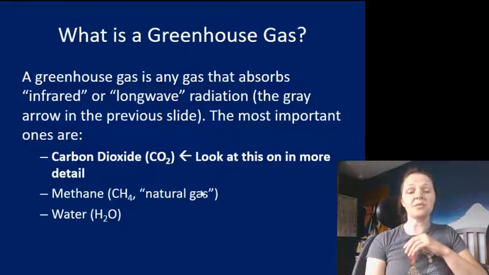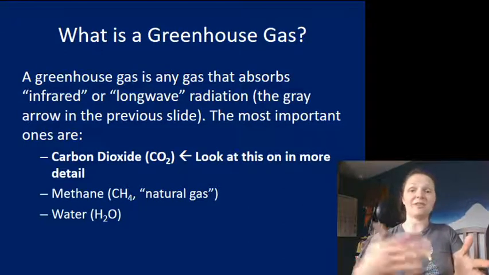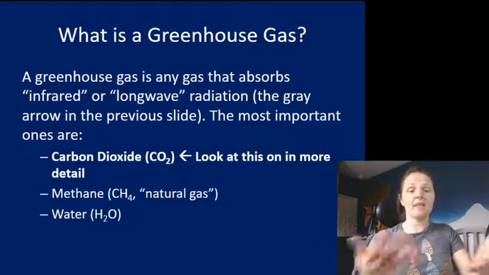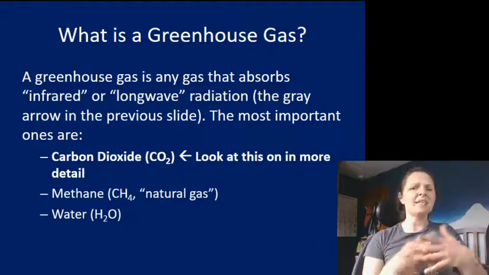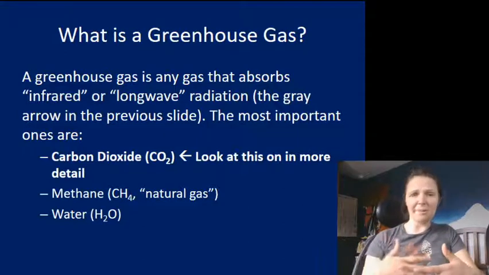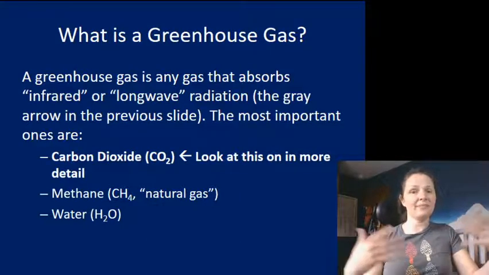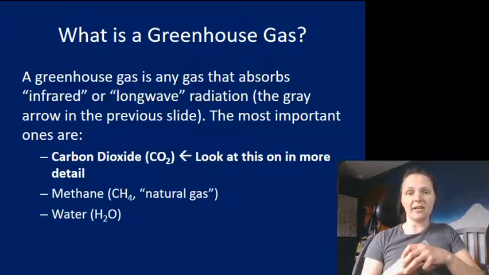Okay, so methane is a really important greenhouse gas that we burn. And actually, when we burn methane, it turns into carbon dioxide. So that's how that can happen. Some issues happen with methane, like say if it leaks into the atmosphere before it makes its way to the natural gas power plant or into your basement to power your boiler, that methane can leak into the atmosphere and be a greenhouse gas just all on its own.